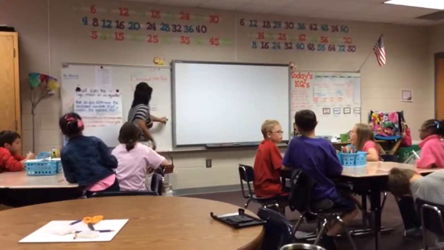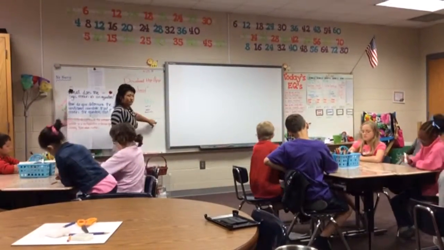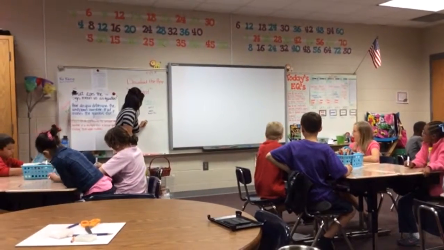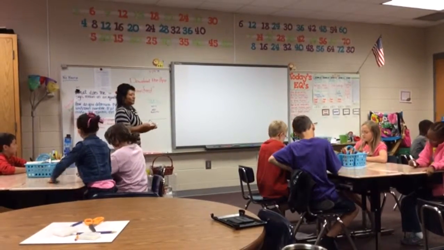I want you to draw one straight line, like this. And then I want you to write an upside down V, just like that in the middle.